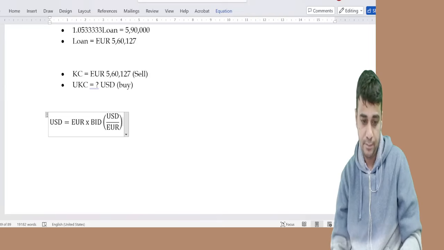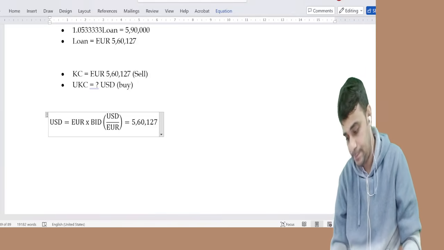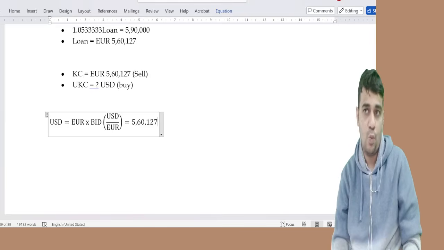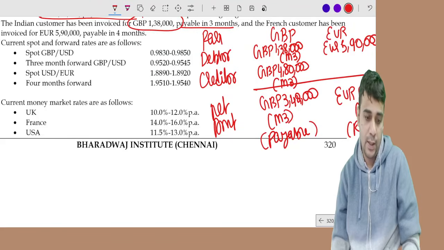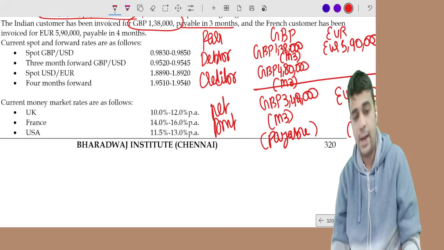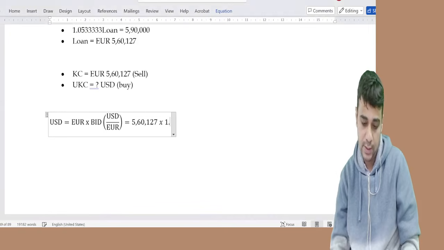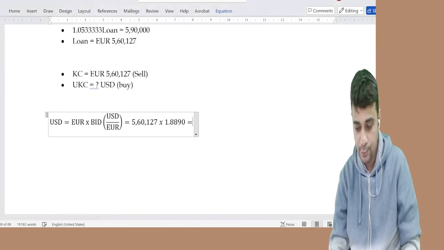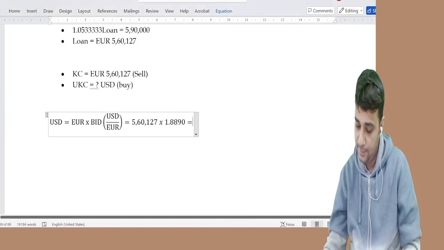Bid rate. Bank will buy at the bid rate. I look at the question. I have US dollar per euro directly. So 560,127 into 1.8890.